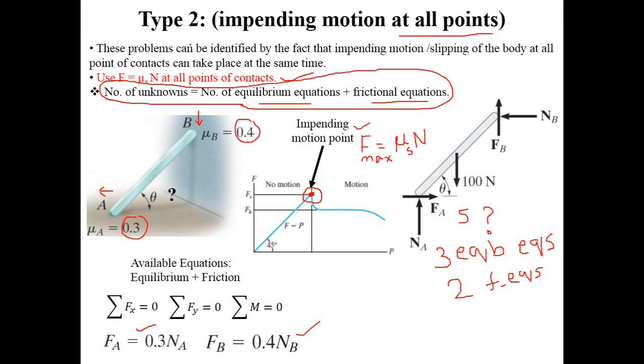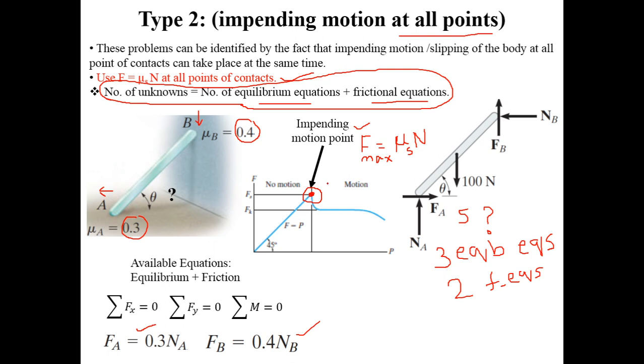Similarly, in type 2 problems, you can use f equals to mu s n at all points of contact in your problem simultaneously. This means this problem will give you a clear indication of the fact that the points are on impending motion.